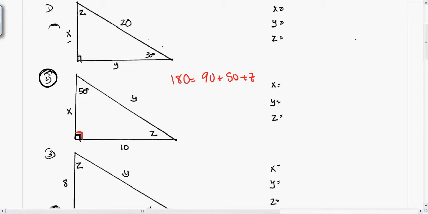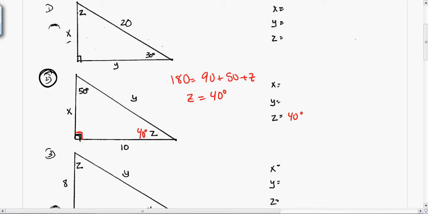So do a little bit of algebra here, and I will find that Z equals 40 degrees. So 180, take away 90, take away 50 is 40 degrees. And I'll write that in my picture. There's 40. So now I've got all the angles.